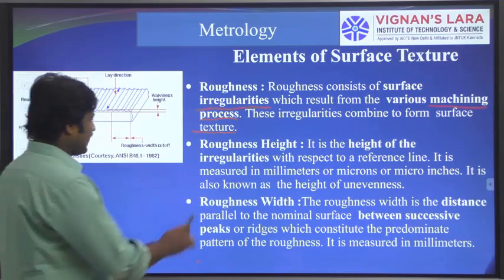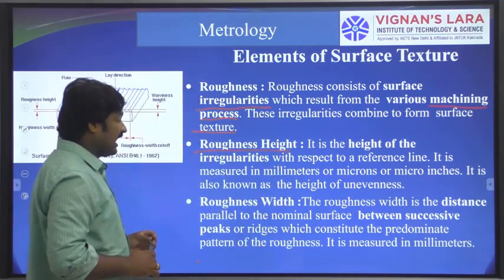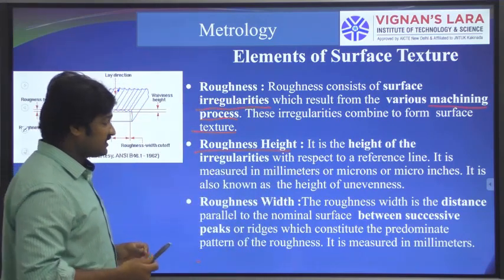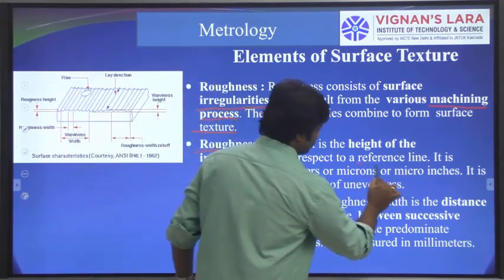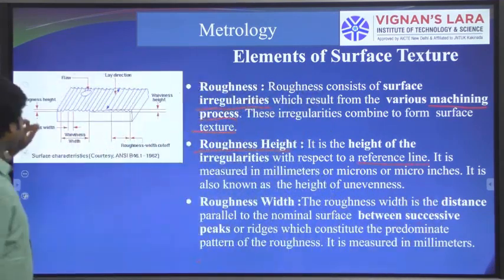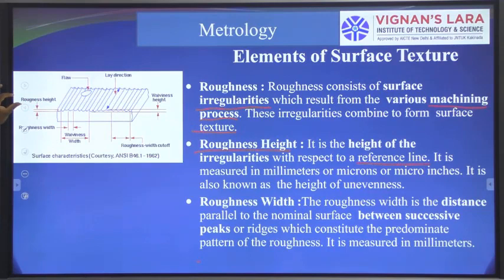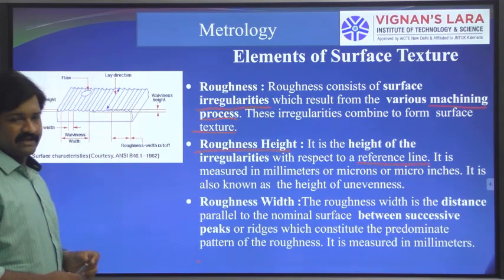Next, roughness height. It is the height of the irregularities with respect to a reference line. That means with respect to a datum line, the height of individual irregularities is called roughness height.